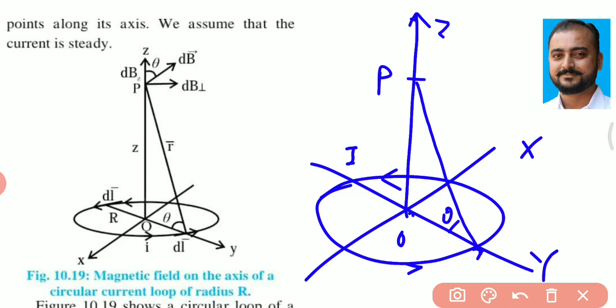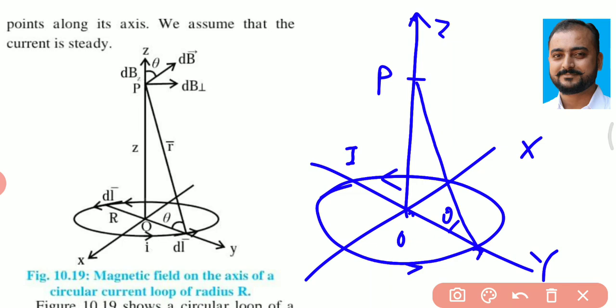Now in this case, the axis of the given circle, where the point P is present and where we have to find the magnetic field, is along the z axis. Means x, y, z are mutually perpendicular to each other. That is a clear thing.